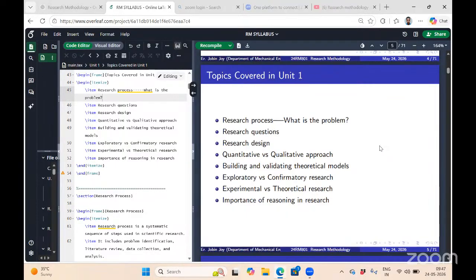What is the difference between quantitative and qualitative research? Quantitative means dealing with numbers, the numerical data, whereas qualitative research is dealing with experiences and opinions. For example, statistical analysis of marks scored by, say, 50 students. This is an example of quantitative research because that is dealing with numbers. Production output measurement, temperature measurement. Temperature measurement again deals with numerical data.